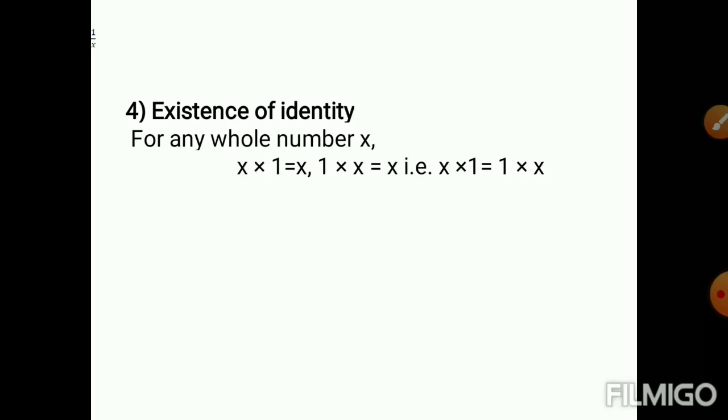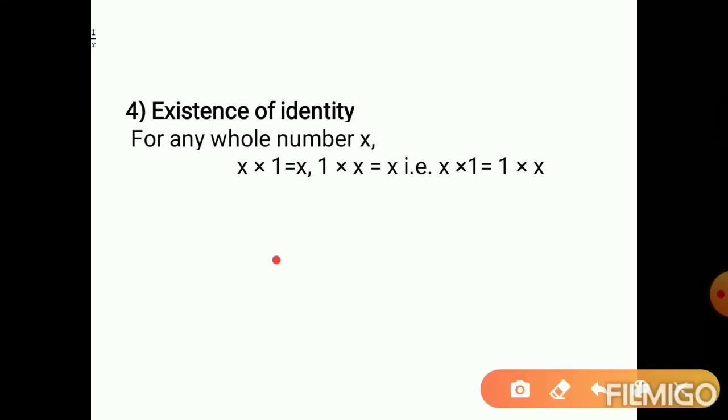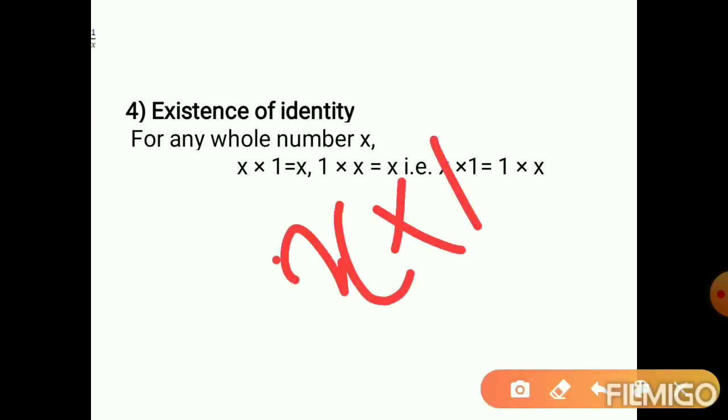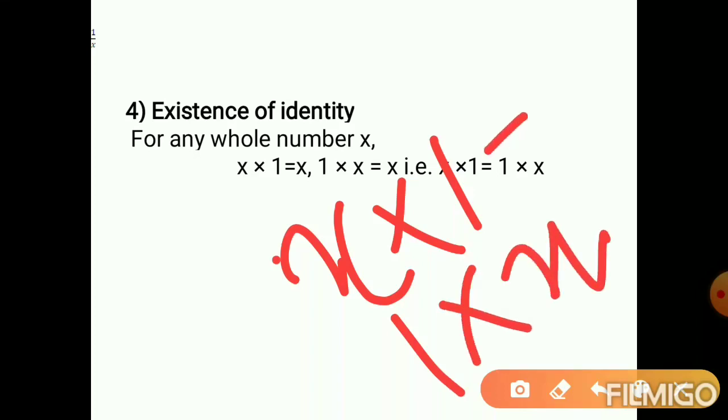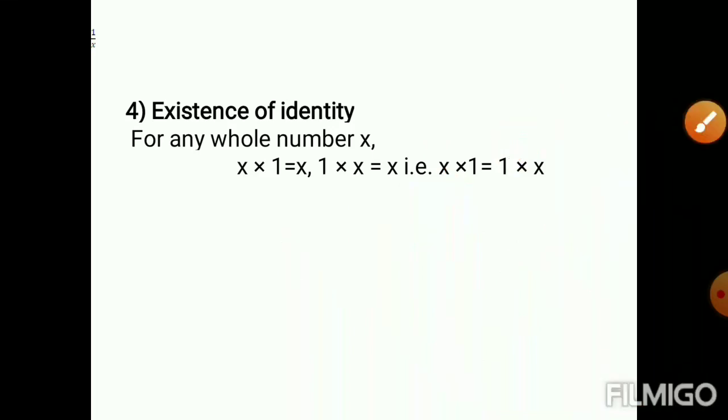My next property is existence of identity, and it says for any whole number x, x into 1 will be equal to x and 1 into x will be x. So x into 1 will be equal to 1 into x. If we multiply any whole number by 1, or multiply 1 by any whole number, we will get the same whole number.